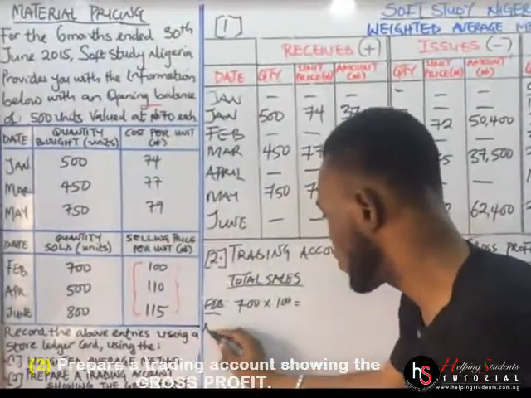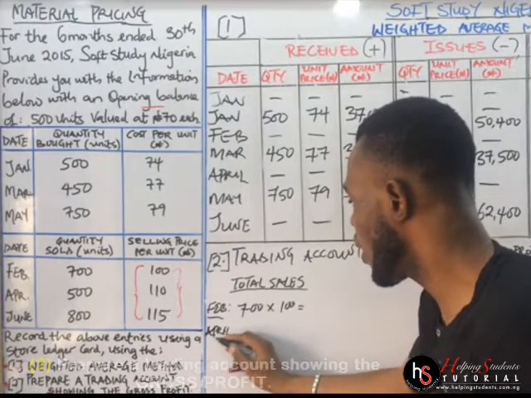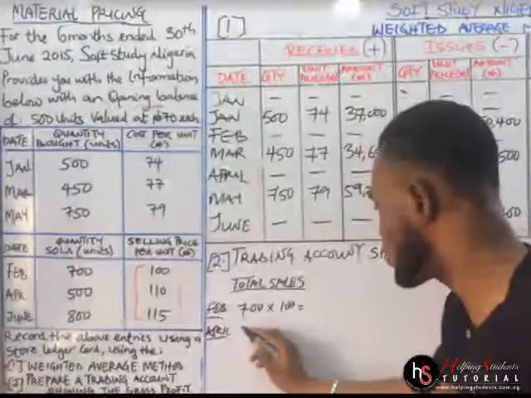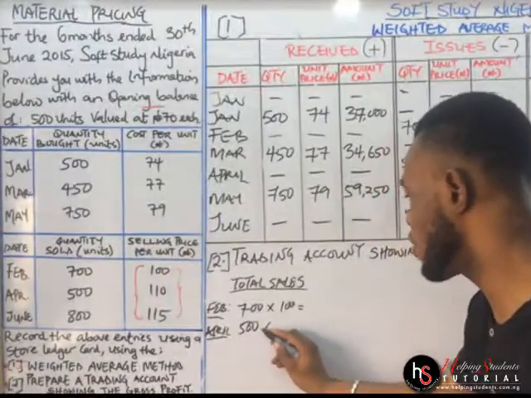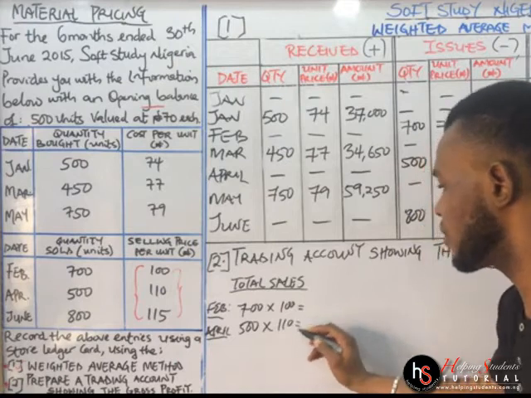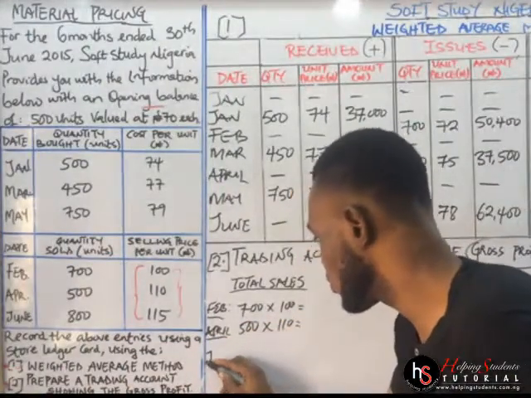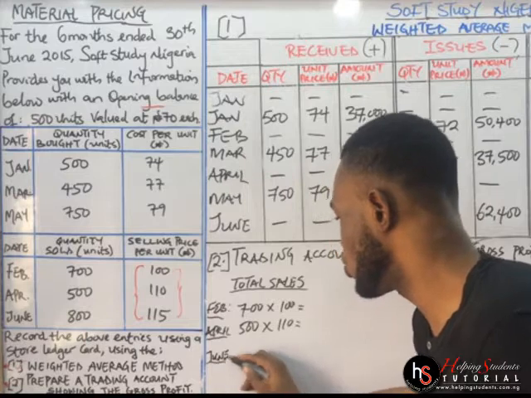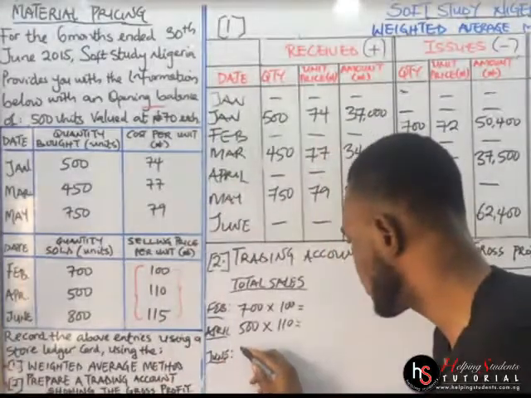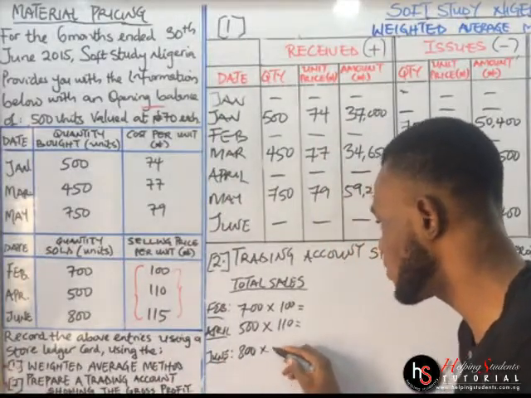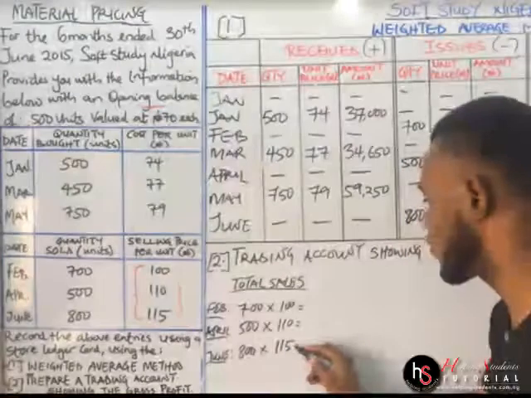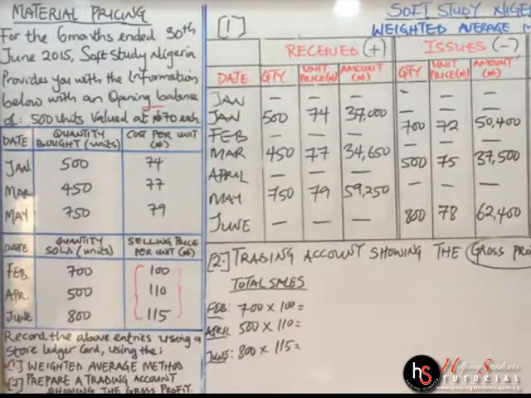For April, we have 500 times 110. 500 times 110. And for June, we have 800 times 115. So we're going to multiply this value to get the total.